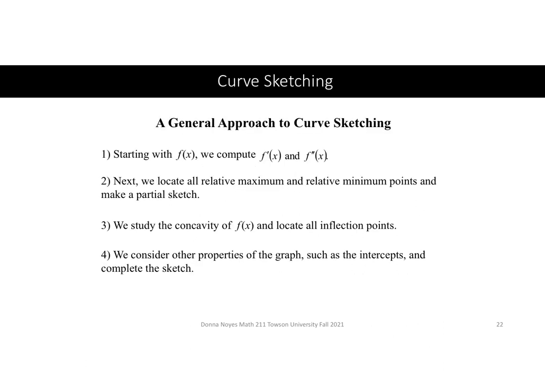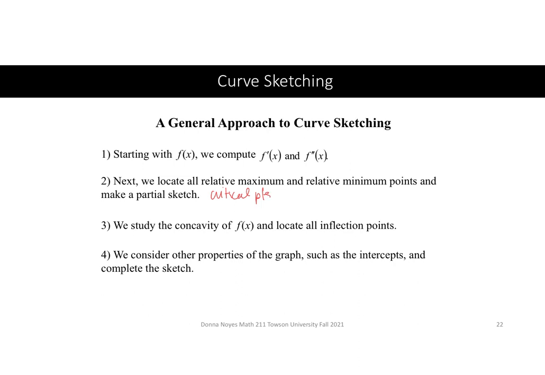Our general approach says we start with our given function f of x, and we find f prime of x and f double prime of x. Then we're going to locate all relative maximum and minimum points and make a partial sketch. So this is where we're finding, remember they're called critical points.